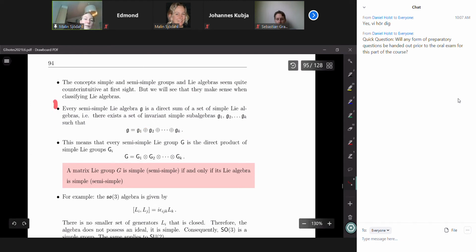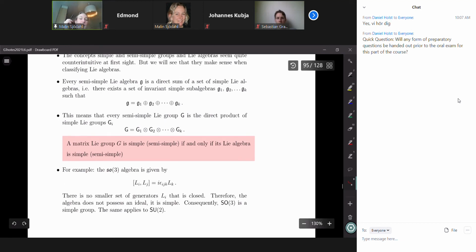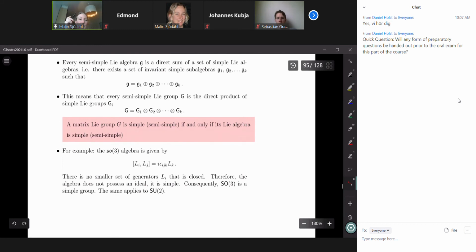Now, this actually also means that every semi-simple Lie group is the direct product of simple Lie groups. If a group is a direct product of a few other groups, and we know how to treat all those other groups, then we know how to treat it essentially, and therefore it is at least semi-simple. So a matrix group is simple, semi-simple, if and only if its Lie algebra is simple or semi-simple.